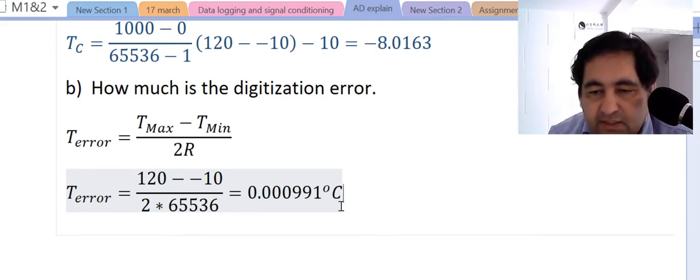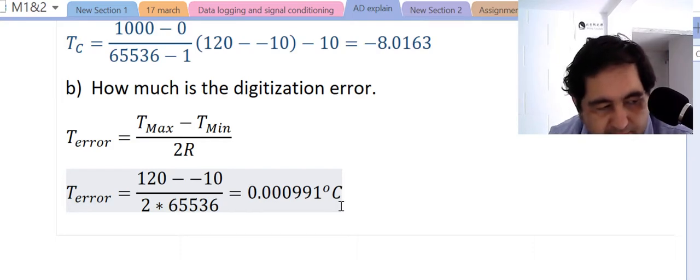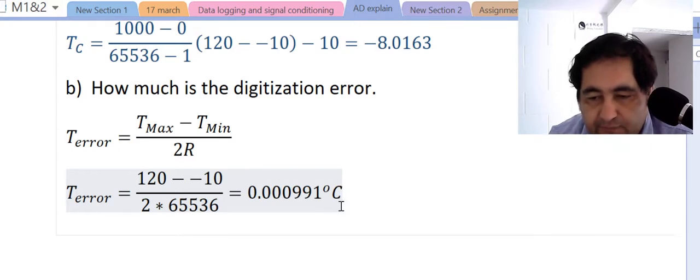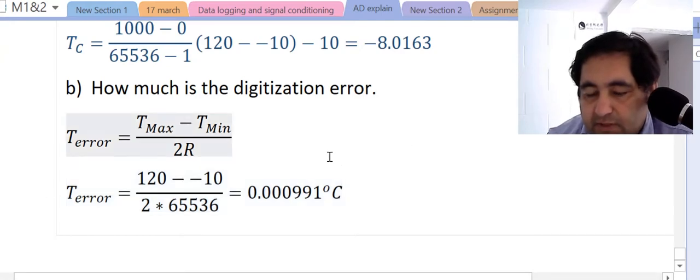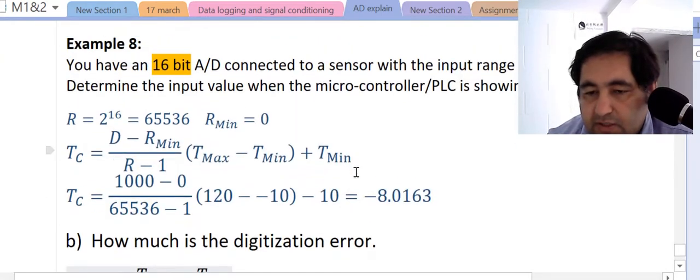That doesn't mean that the data we have comes with this accuracy, because we have other errors, for example noise or other types of errors. We have multiple errors, multiple situations, as you know.